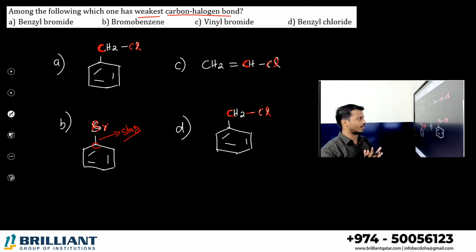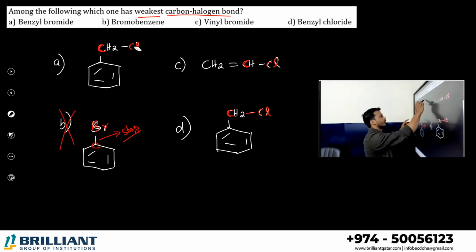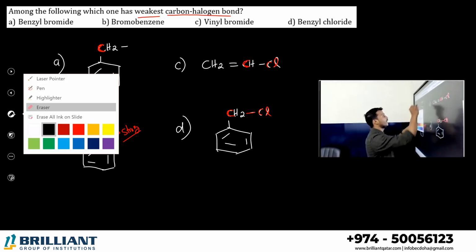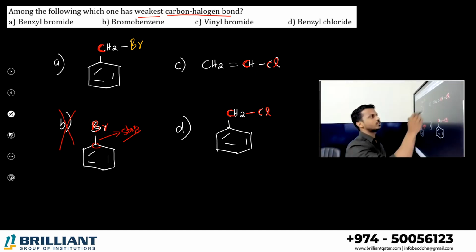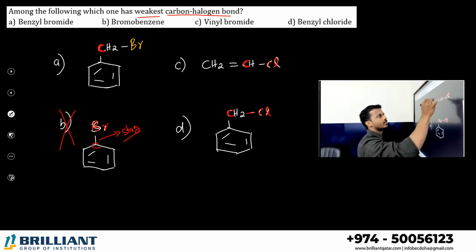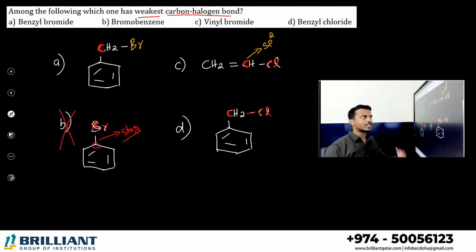A double bond is stronger. So not option B. And benzyl bromide, benzyl chloride. Option A is bromide, sorry for that, not chlorine, bromide. And D is benzyl chloride. And what about this vinyl? Vinyl chloride means this is a double bonded carbon, sp2 carbon. In sp2 carbon, what is the which one?